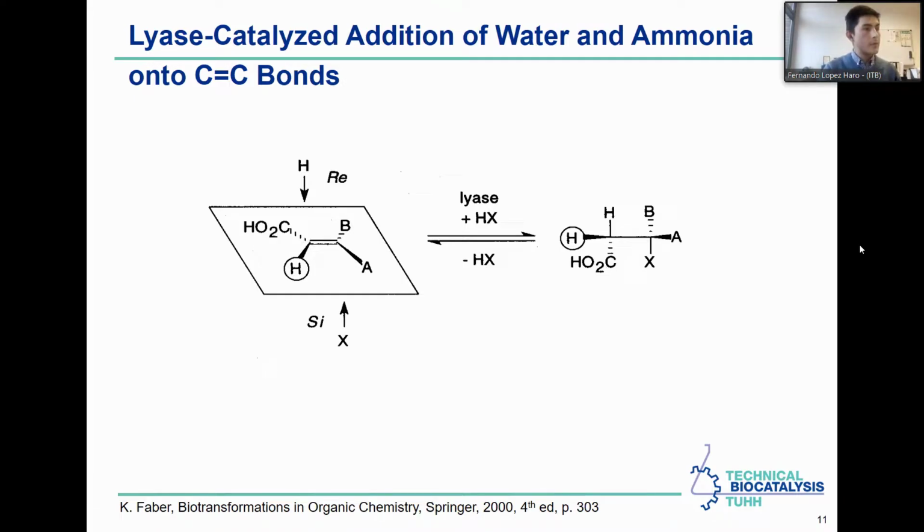This is a reminder for you. When we have a double bond, it is often the case that we have to assign the nomenclature of the prochiral molecule using the Re and Si faces, depending on the Cahn-Ingold-Prelog nomenclature and order of the substituents.